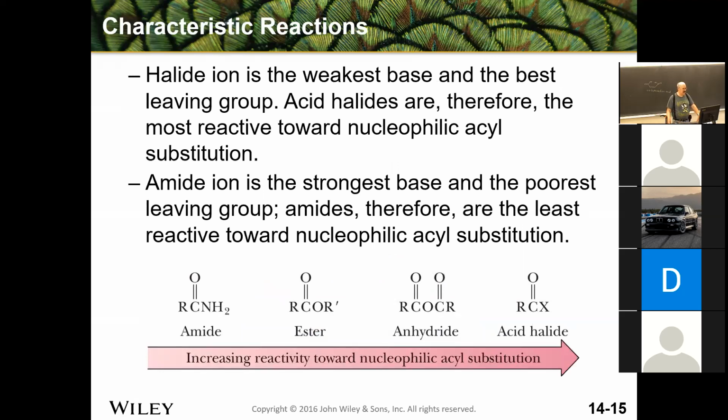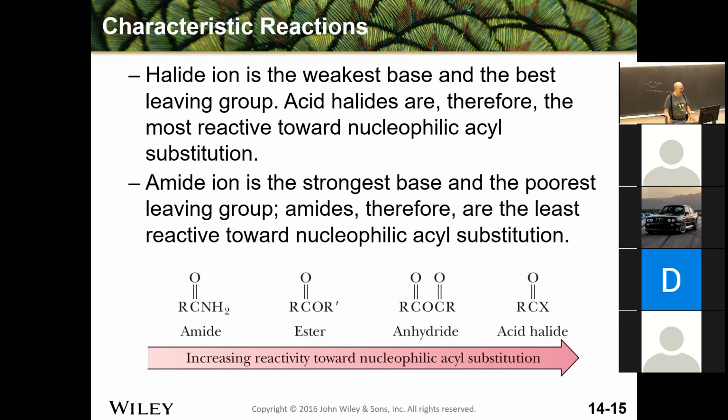Right, so the halide ion is the weakest base. HCl is a strong acid, so therefore its conjugate base is weak. Therefore, acid halides are the most reactive toward nucleophilic acyl substitution.